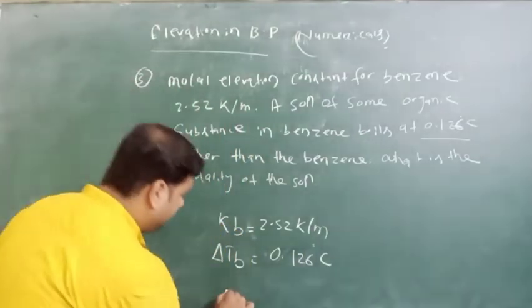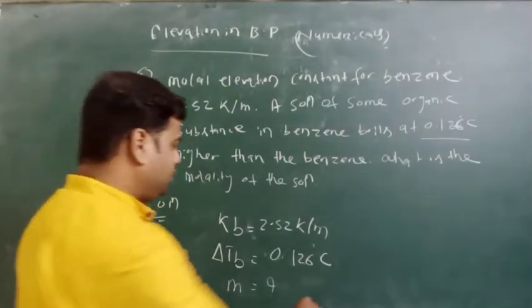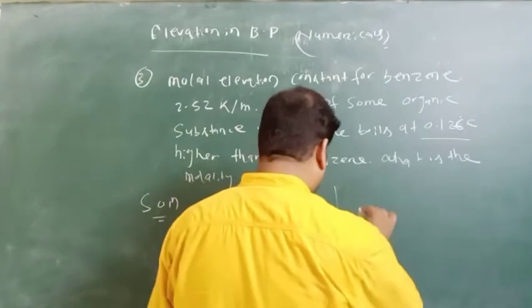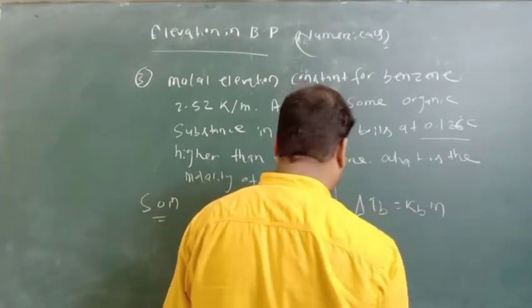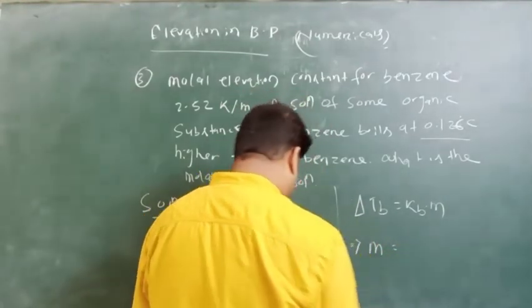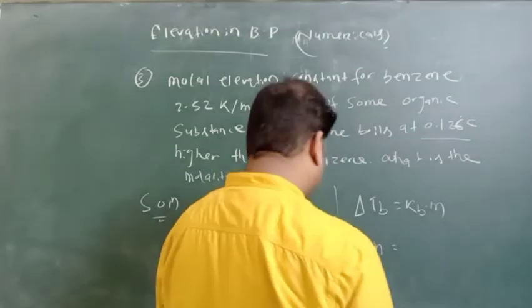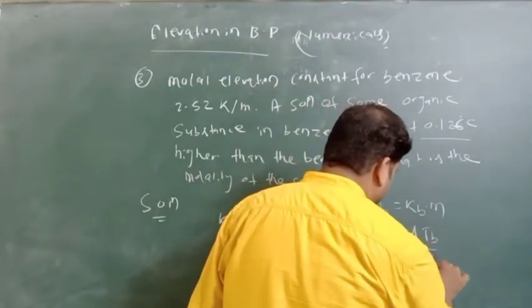Okay, so molality m equals how much? We know that del Tb is equal to Kb into m. So for calculating m, we write m equals del Tb by Kb.